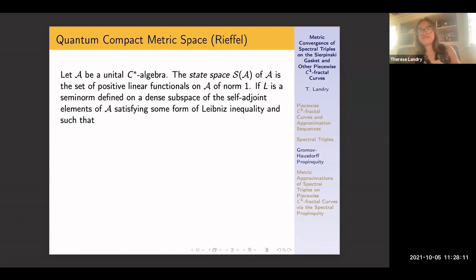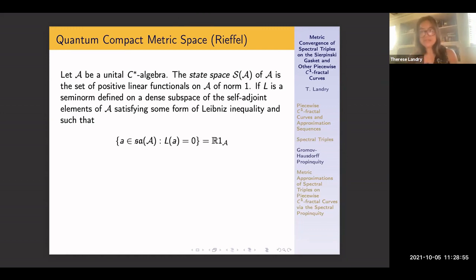And remember again, that's why iterated function systems are the appropriate lens to view our prototypical examples. One of the key components was a complete metric, so the Gromov-Hausdorff propinquity is the appropriate tool for non-commutative geometry. The two key components are a unital C-star algebra and a semi-norm that exhibits the following properties.